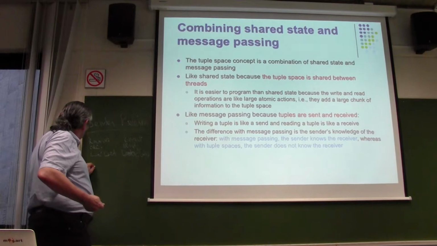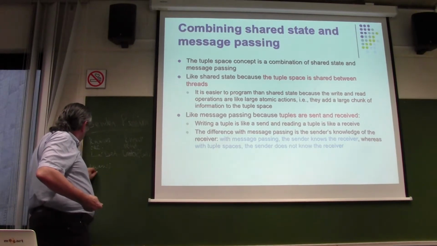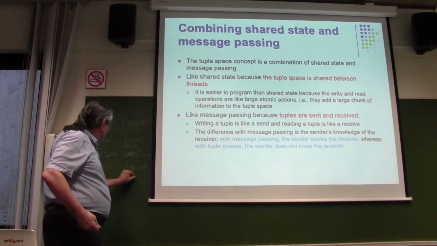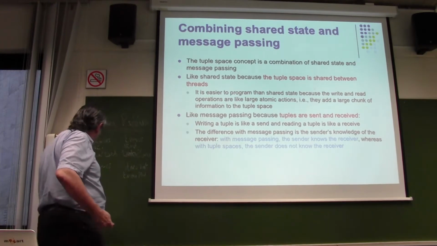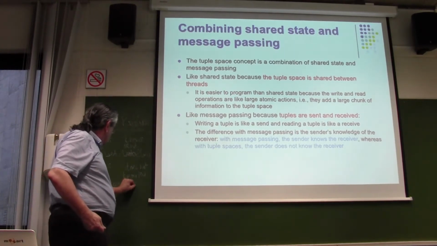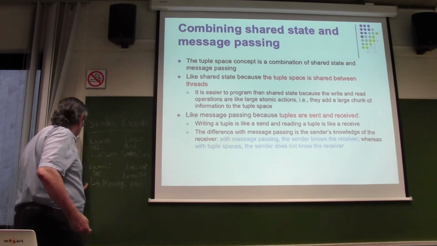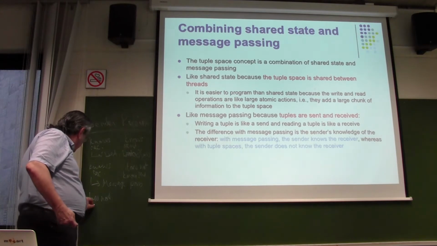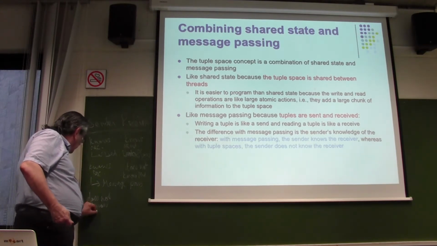Now, if the sender knows the receiver, and the receiver does not know who sent it, this is regular message passing, what we saw with the port objects. And if neither of them know, then it's tuple spaces.